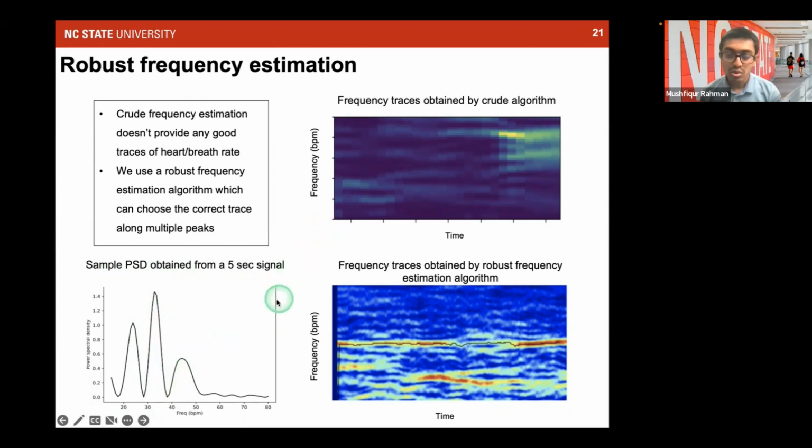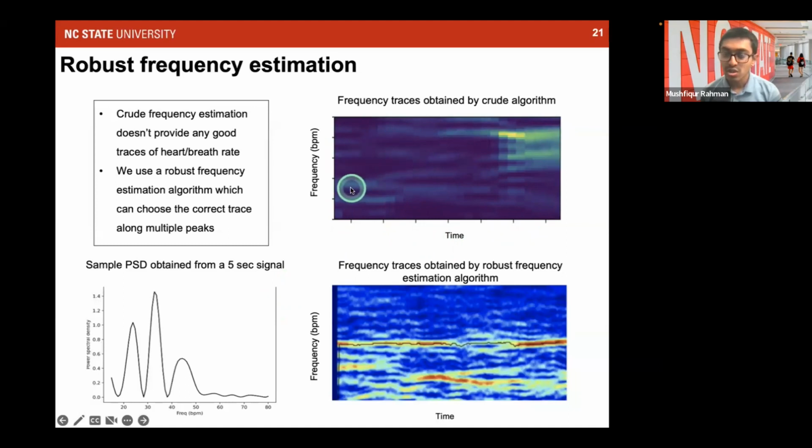So what we need to do is build a spectrogram by stacking the power spectral density for each continuous time frame. If we do that, we get this kind of spectrogram, and these traces are the candidates for the trace of human heart rate or breath rate.